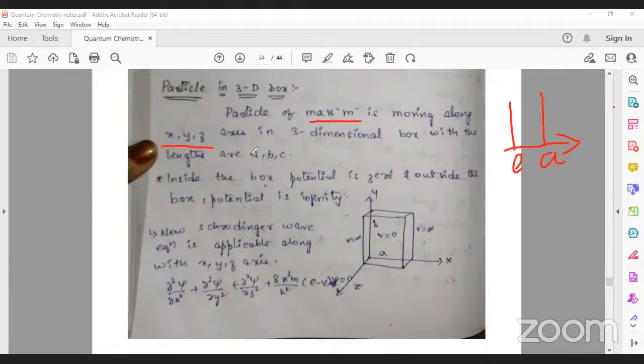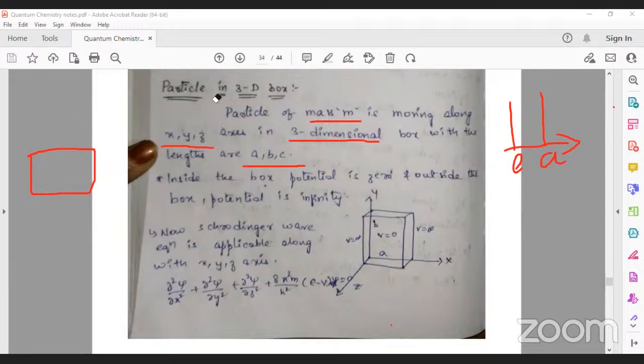But here the particle will be moving along x, y, z directions, that is, in three dimensions with box lengths a, b, c. So here you may utilize a cubical box, whenever the particle is moving in the cubical box.